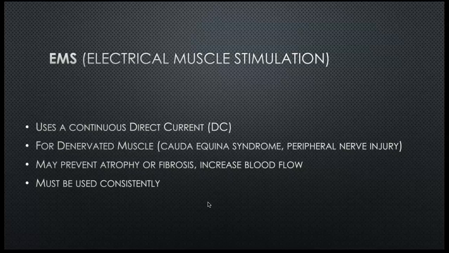So for instance, like a crush injury, or maybe something got severed, like the limb didn't get amputated, but a nerve maybe got cut and they weren't able to reconnect it. So that muscle no longer has innervation. So you stimulate it with this electrical current, and it may prevent atrophy, or it may prevent fibrosis of the muscle. It might increase blood flow to that muscle, but you have to use it all the time, right? If those results are actually going to be meaningful.